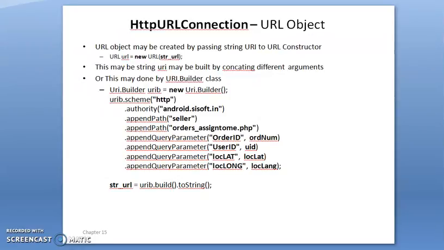If it is a POST kind of request, then the parameters go in the request body. So in a GET request, parameters go along with the URL, whereas in a POST request, the query parameters go in the request body.